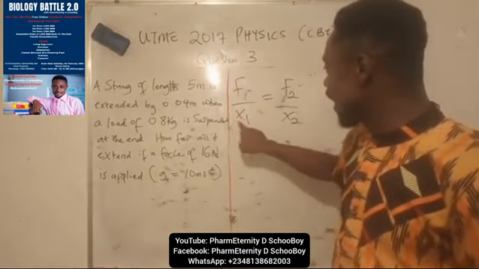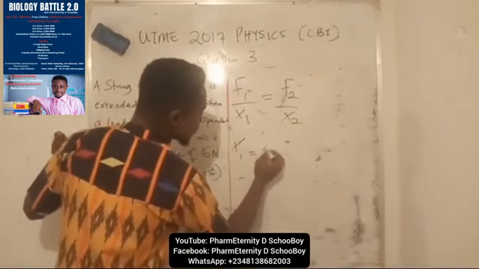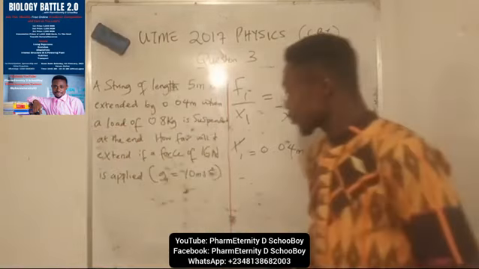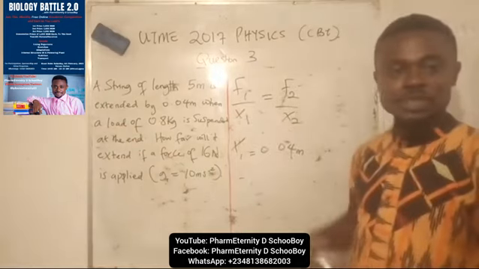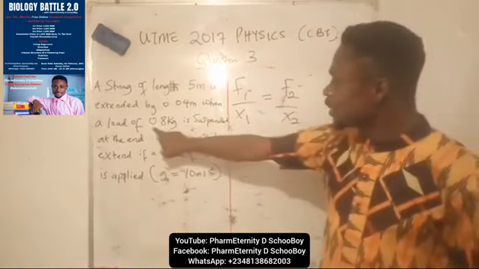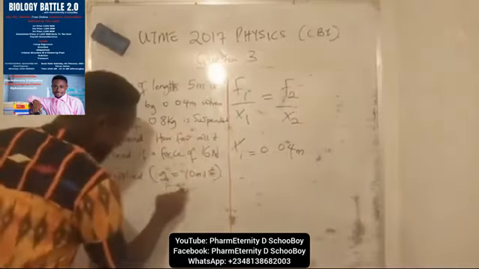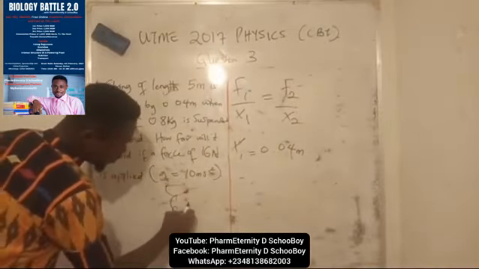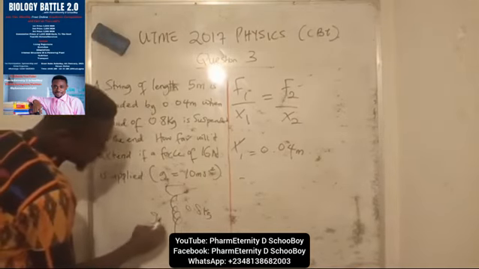The first displacement X1 is 0.04 meter. Now, what caused this displacement? A force caused this displacement, but the load is 0.8 kg. Acceleration due to gravity is 10.